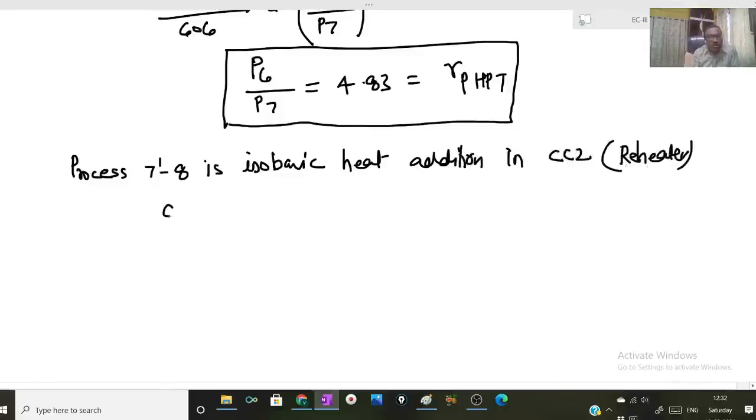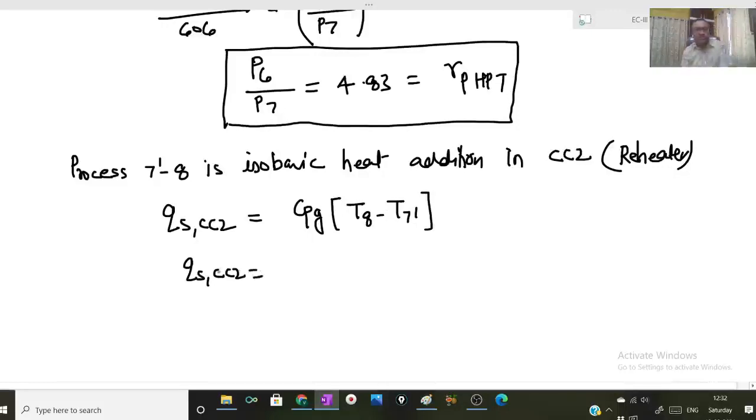So I am interested to calculate this heat supplied in the combustion chamber 2. It can be given as CPG, because gas is involved, T8 minus T7 dash. QSCC2 will be 1.15.